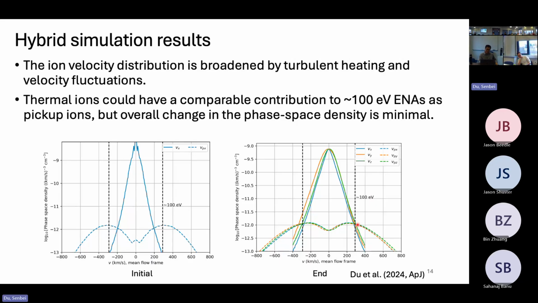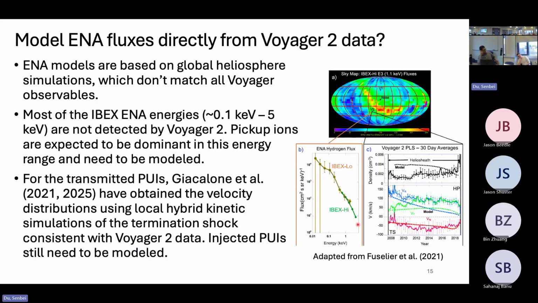And so next, what we are recently looking at is, can we model the ENA fluxes directly from Voyager data? The motivation is that the previous ENA models are based on global heliosphere simulations, which don't always match all the observables from Voyagers.